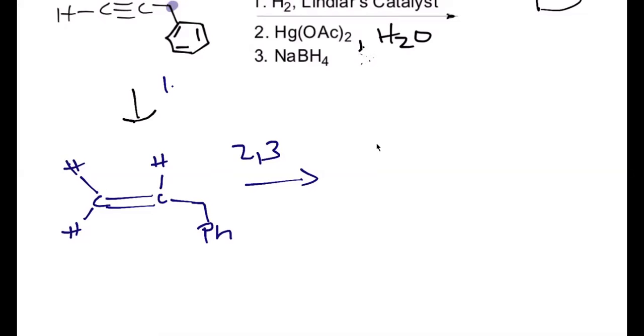What kind of reaction is that? Look at what my starting material is. This is an alkene now. I'm taking an alkene and reacting it with mercury acetate and water, followed by sodium borohydride. What reaction is that?